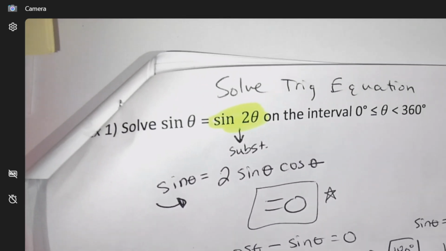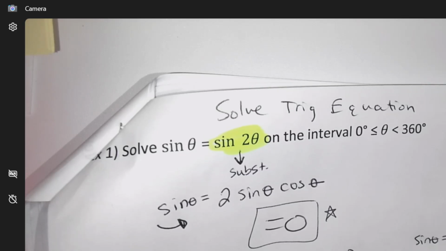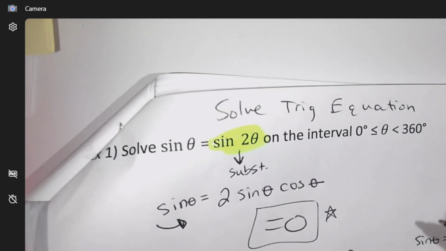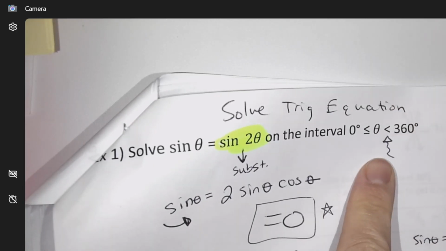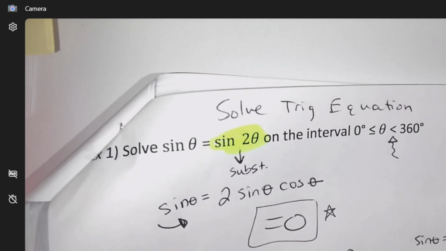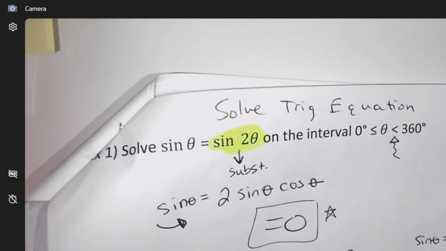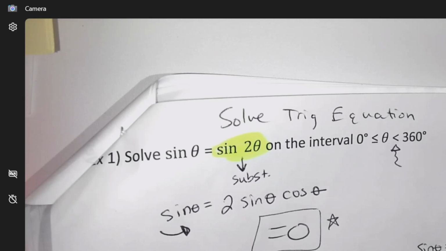Did I catch anybody writing it down? Why is it not an answer? That says I have to be less than 360. I can't be equal to 360. Okay? Otherwise, I would have answered it on another question, but not this one.